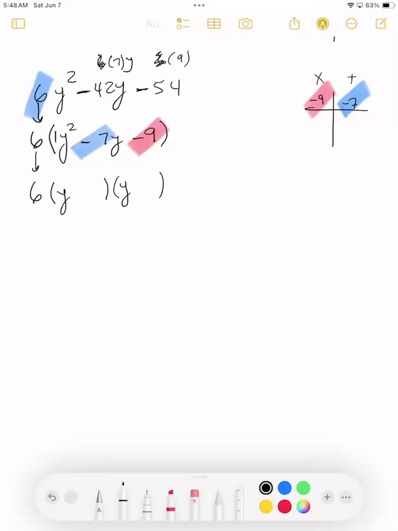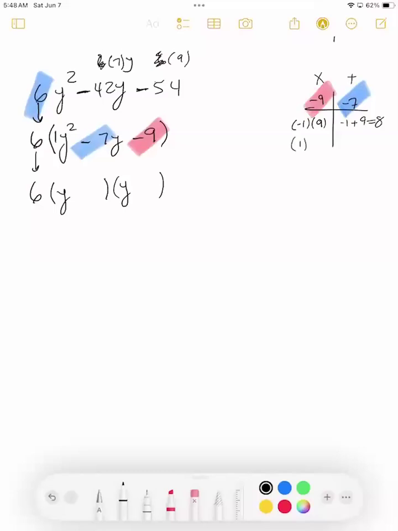So, to get -9, the numbers could be -1 and +9. And when you add, you get 8, not -7.